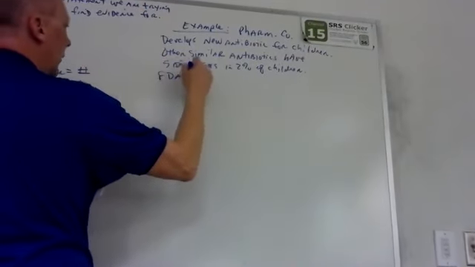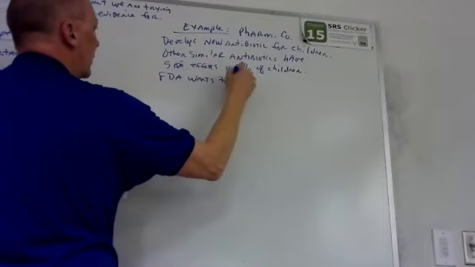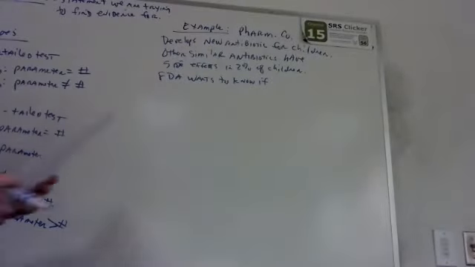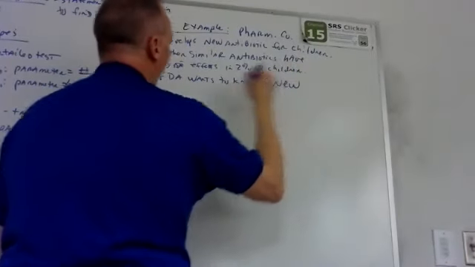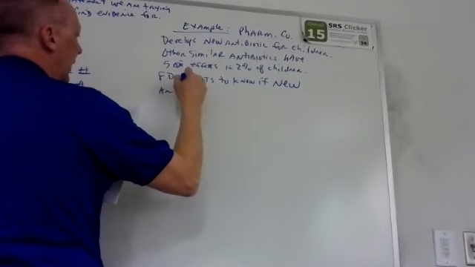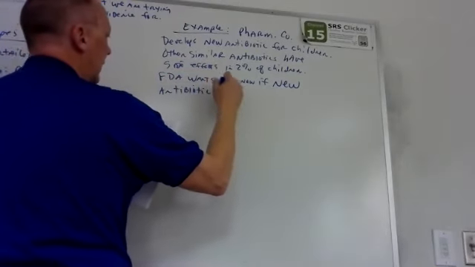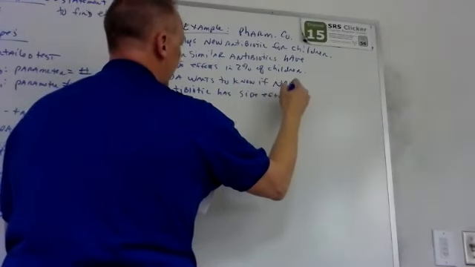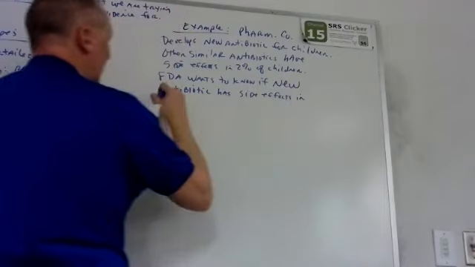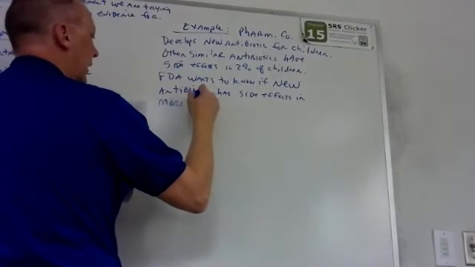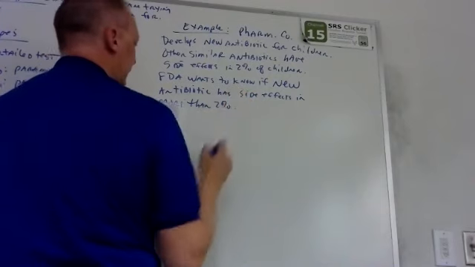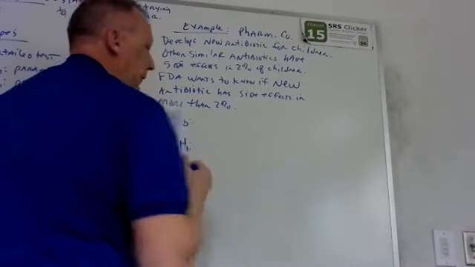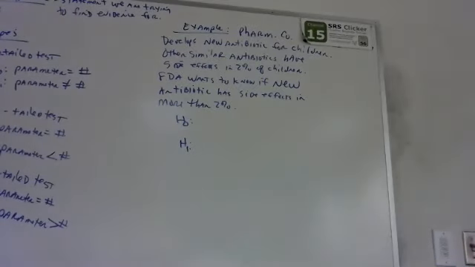The FDA wants to know if the new antibiotic has side effects in more than 2%. Find the null and the alternative hypothesis. Okay?